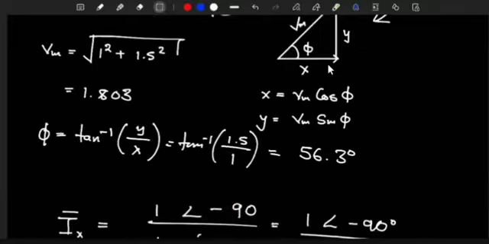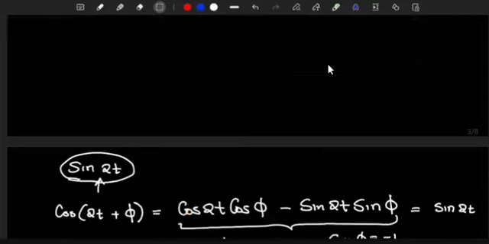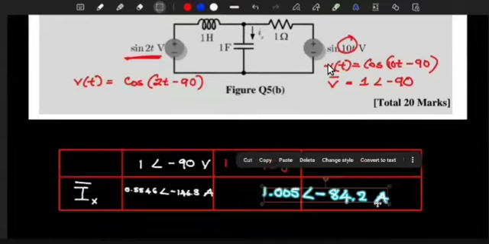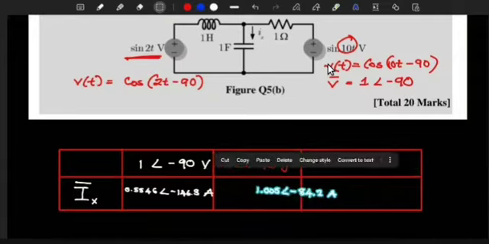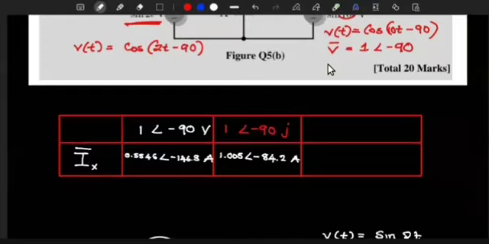So it looked like it was not going to end, but now we are concluding because we have found the value of phasor Ix in each case. So after finding these, we now have to add them so that we get our overall answer. In this case, they are both in phasor form. So how do we combine them? To combine them, we can even choose to take them to sinusoidal.